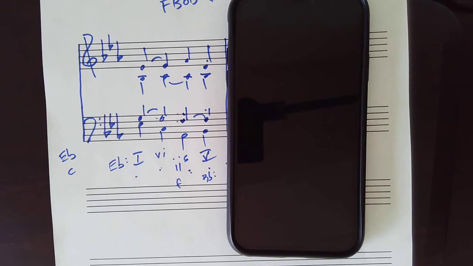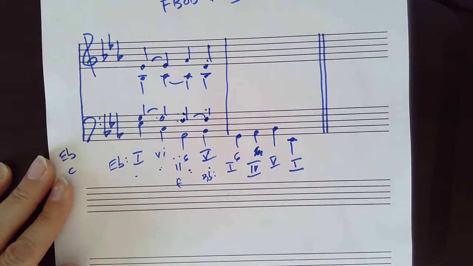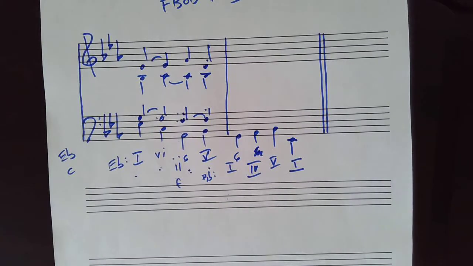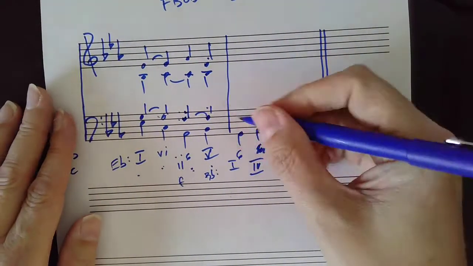That sounds very final. If, however, we wanted to make the music not sound quite so resolved right here, so we can write some more, we can go to a 1-6. From this chord, rather than going there, we can go to there. Okay, so 1-6.